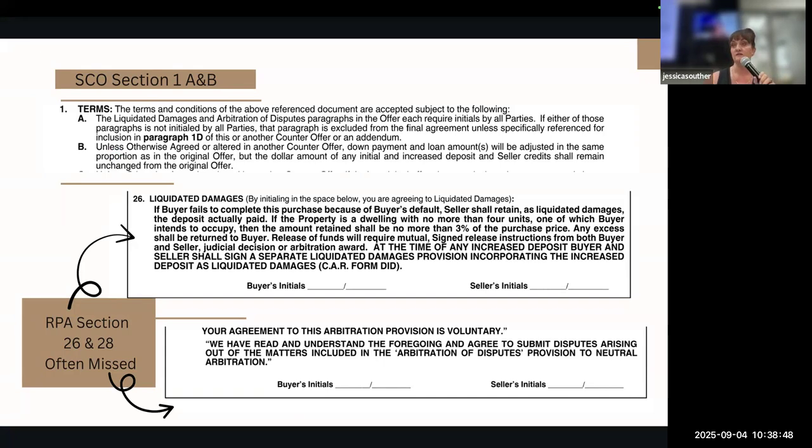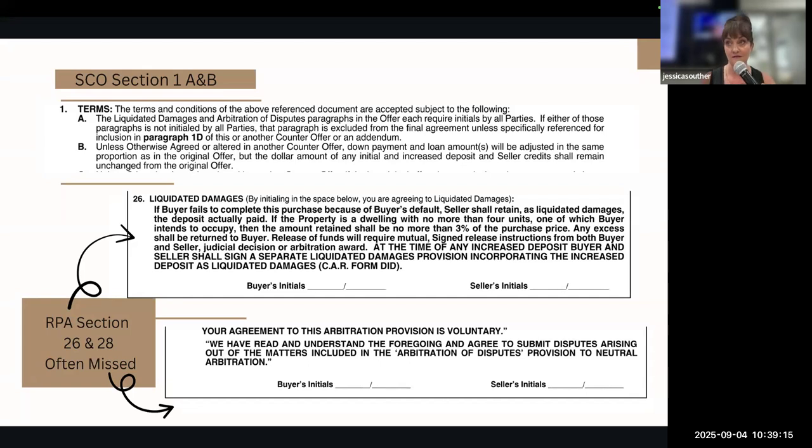So if you notice that the seller missed an initial and they actually do want liquidated damages to be part of it, you're going to have to write in that liquidated damages is part of this contract. Otherwise, the standard is going to default to it being excluded because they were not completely initialed by both parties in the purchase agreement.